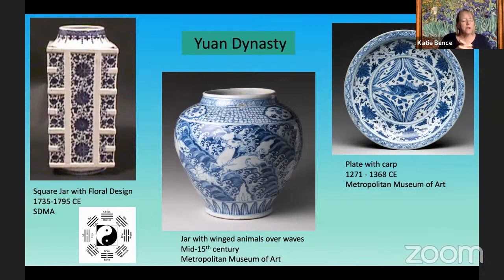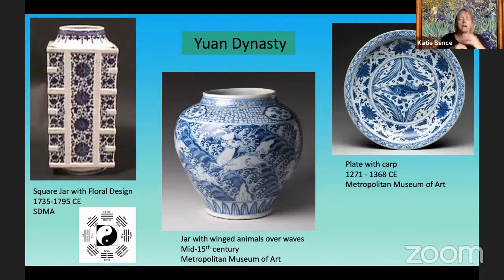Chinese potters had a breakthrough of kiln and firing technology with porcelain. Potters developed a white clay body with a clear glaze fired at a very high temperature. Blue and white ware were created by painting a cobalt blue underglaze and covering it with this clear glaze.